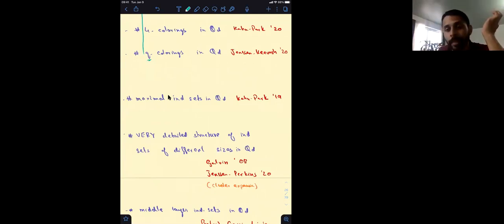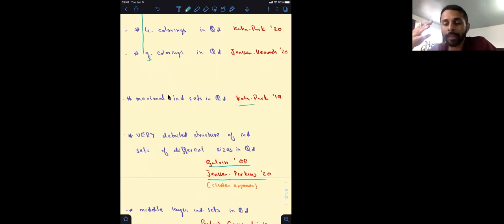This was done by Kahn and Park, and it also gives extremely detailed descriptions of independent sets of a given size and structure in the hypercube. I guess this was started by Galvin and really done for the whole range by Jenssen and Perkins. It uses the aforementioned cluster expansion.